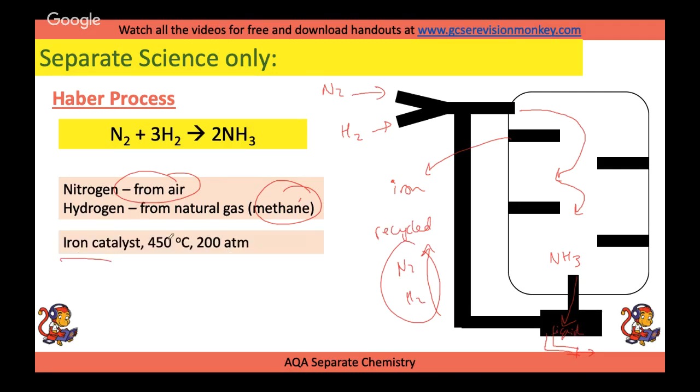As well as the iron catalyst, the temperature is 450 degrees C and the pressure is 200 atmospheres. However, this has a compromise, because with Le Chatelier's principle, to favour the exothermic reaction and produce more ammonia, we'd want to lower the temperature.